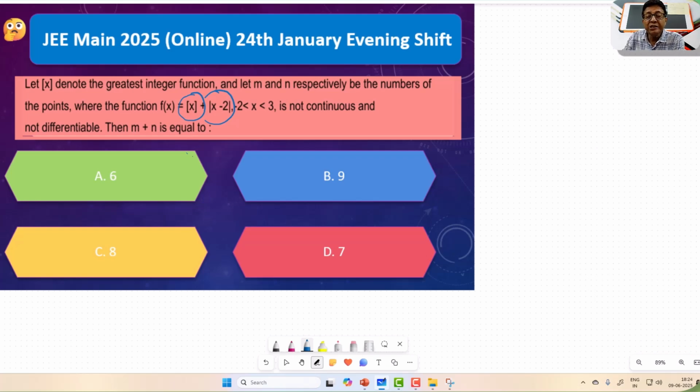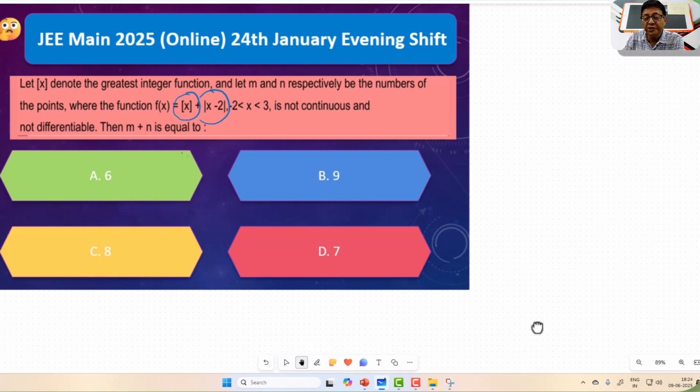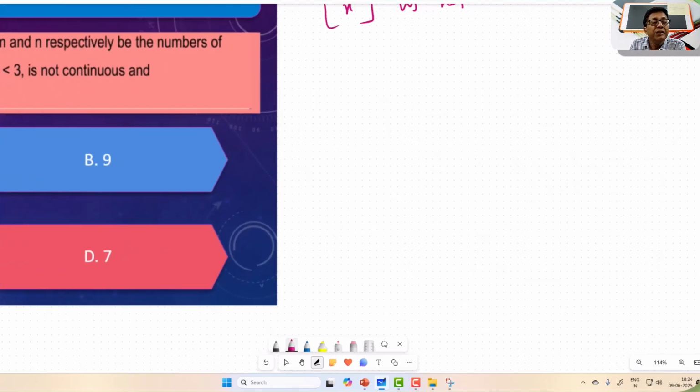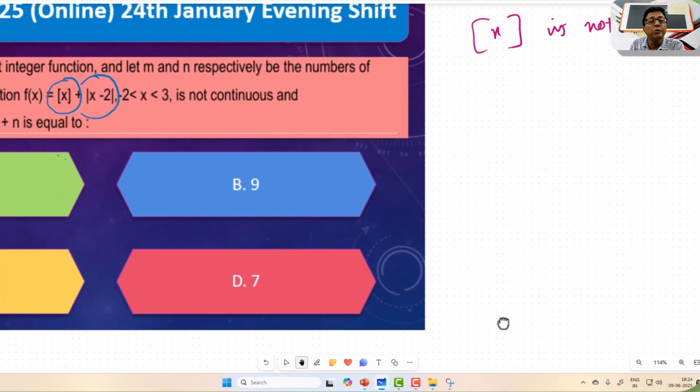So, if we list all this information here: modulo x is not continuous at integral points. What are the integral points in this interval? The interval they have given, x greater than minus 2 and less than 3.